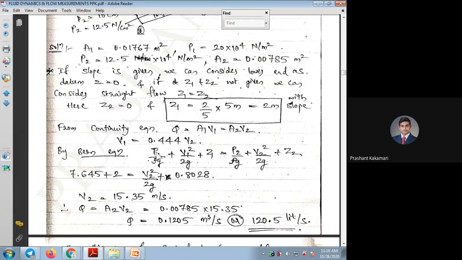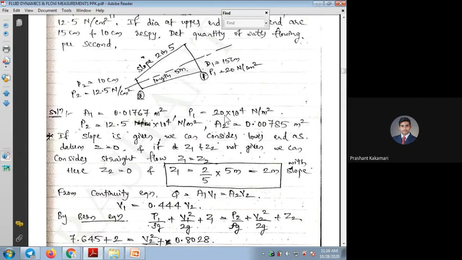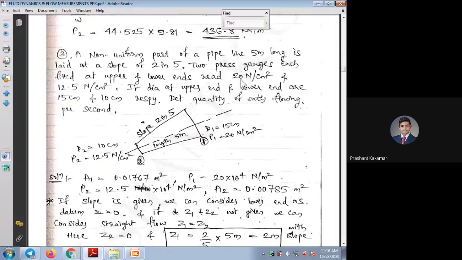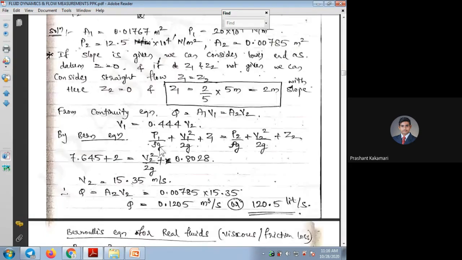So consider P1 by rho g. P1 they have considered as 20 into 10 raised to 4 Newton per meter square, which is given. P2 they have considered as 12.5 into 10 raised to 4 Newton per meter square. Take those values in this equation.